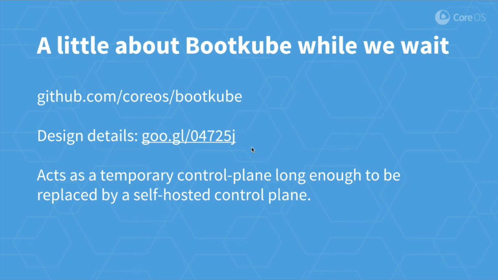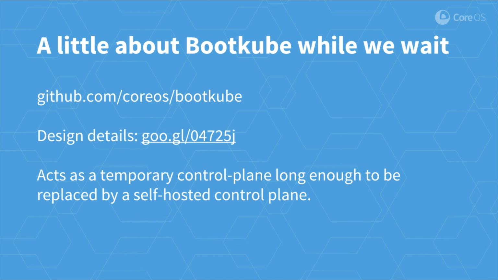It goes much more in depth than I'm going to be able to talk about here about how bootkube actually works. But to talk about it in a general sense, bootkube is essentially a temporary control plane, which runs on a single node, the initial node that you need to bootstrap, long enough to be replaced by an actual self-hosted control plane. When I say a temporary control plane, that means it's a single binary that runs an API server, a controller manager, and a scheduler.